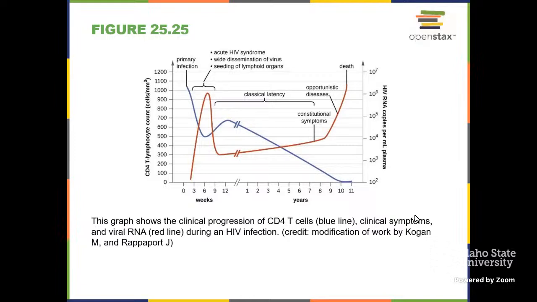And this is copies of RNA per milliliter of plasma that we're looking at, and number of cells per milliliter of T lymphocytes. All right. So we start off at time 0, the point of becoming infected, and we've got good amounts of T cells in our circulation, a little over 1,000 cells per milliliter. All right. So good quantity.